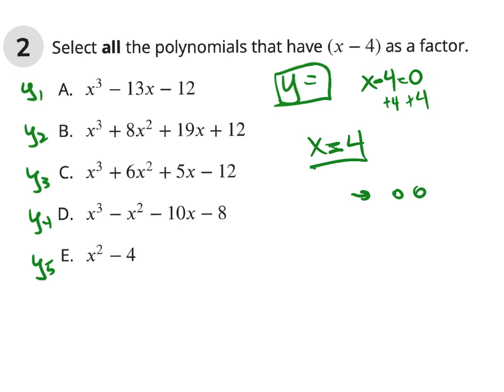If you put them in the calculator, you should see that A and D work. A and D both make 0. If you did not get 0 for y1 and y4, go back to y equals, check all your signs, check all your stuff, make sure you put it in correctly.